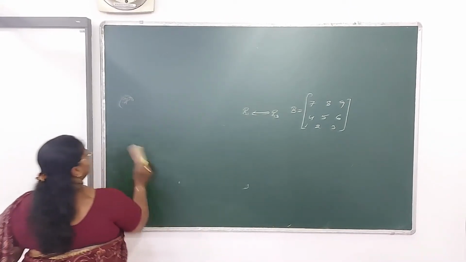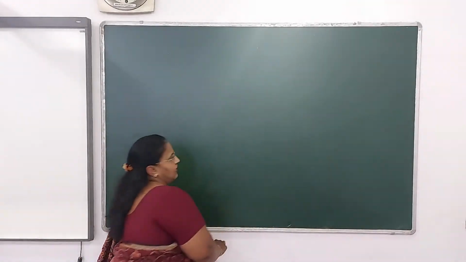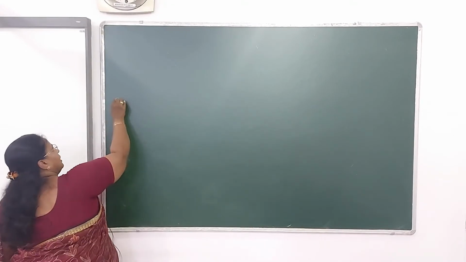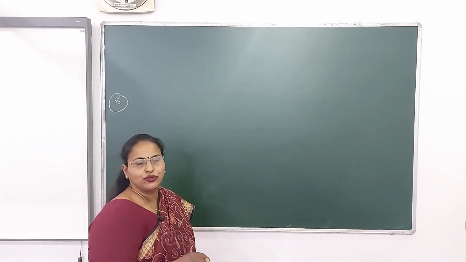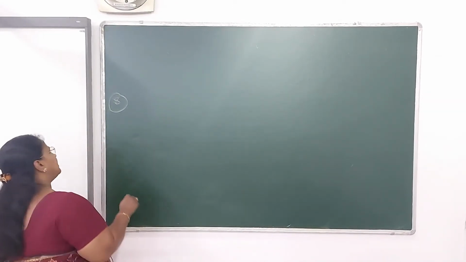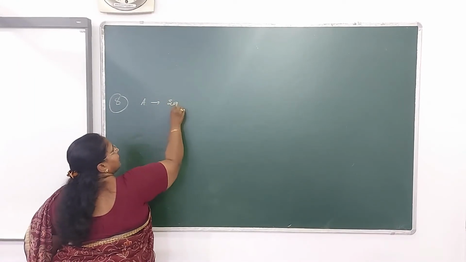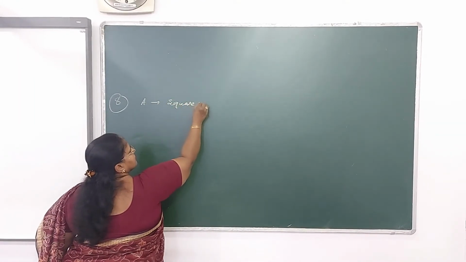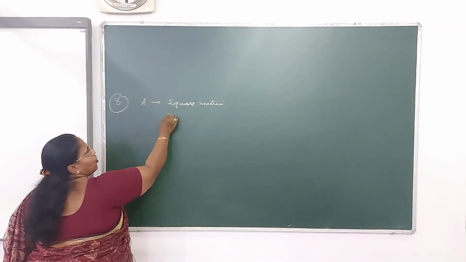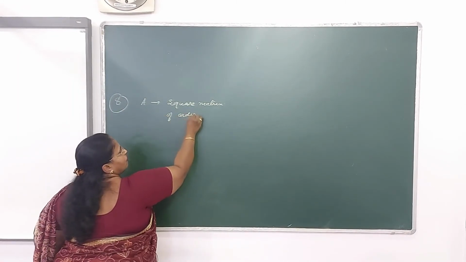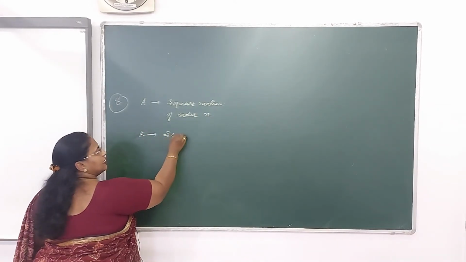Now the next property, property 8. This is a very important property. Based on this property, you will directly get questions of 1 or 2 marks. Now what does this property say? Let A be a square matrix of order n, and k be any scalar.